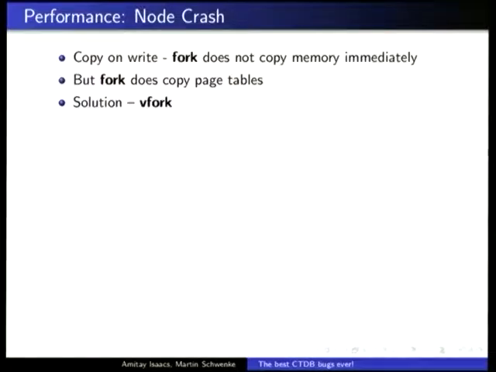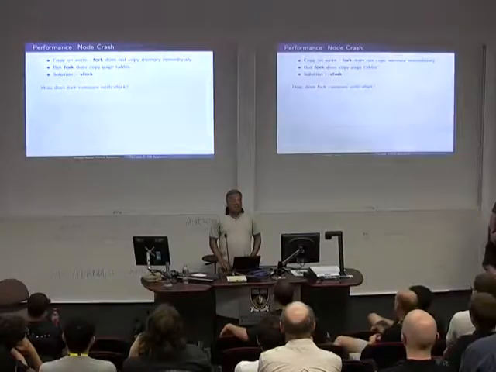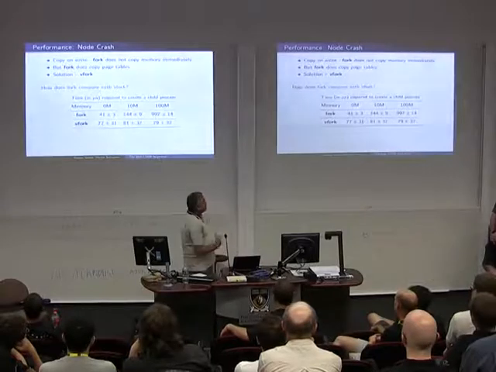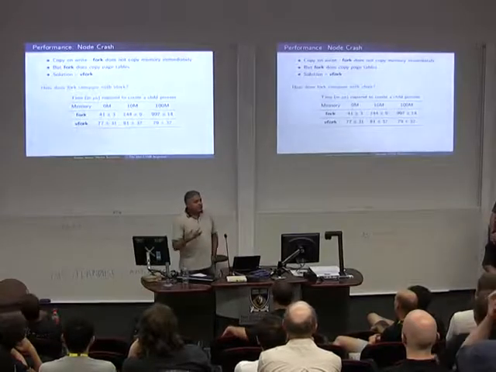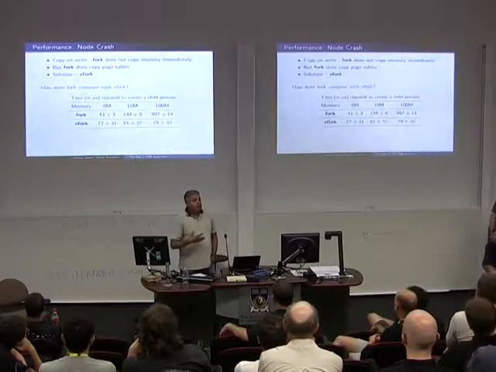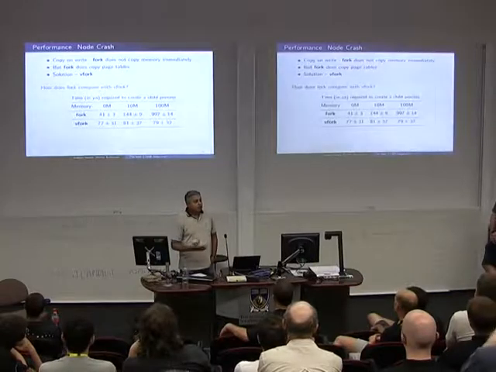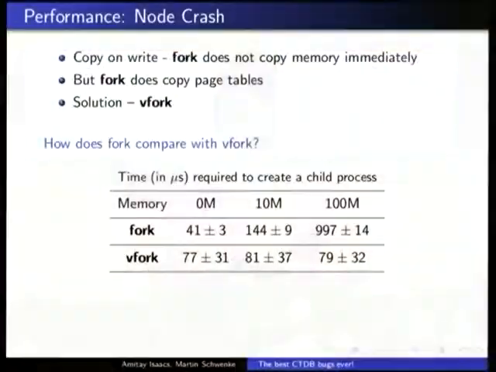So, okay, we want to use vfork. How does fork compare to vfork? Well, I just wrote a sample program to see, and here are the results. Depending on how much memory is allocated in the process, when you actually do a fork or vfork, it takes a different amount of time. When you're doing a fork with no memory allocated, just a simple program, fork, and do something, it's very, very fast.